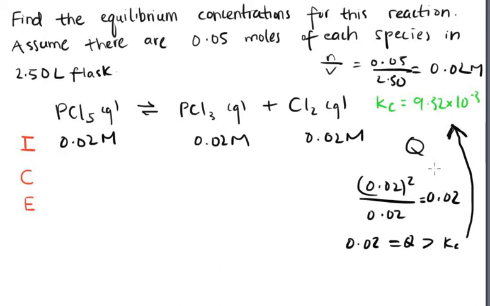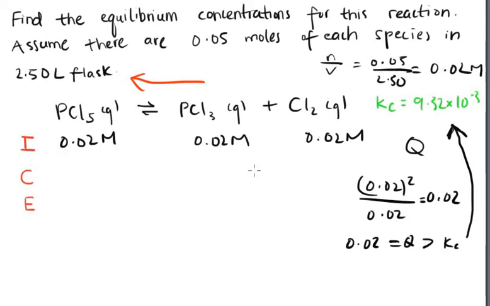So this tells us that the reaction goes left. Now, if we literally just looked at this without calculating Q, we probably would have assumed left to right, but it actually goes right to left.